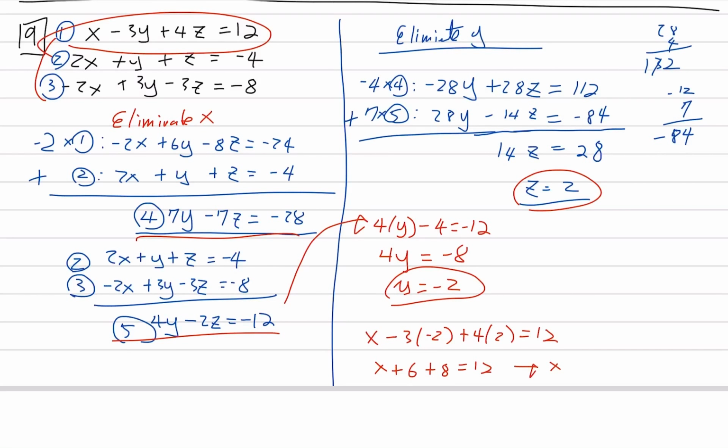Subtract 14 from both sides. I get x equals negative 2. So the answer is negative 2, comma, negative 2, comma 2. In MATLAB, it asks you to type one at a time: x equals negative 2, y equals negative 2, z equals 2.